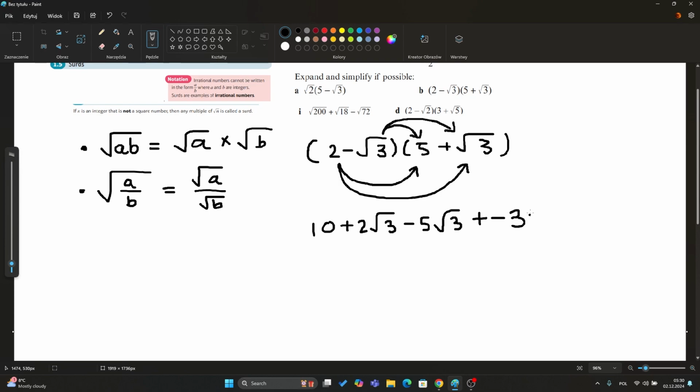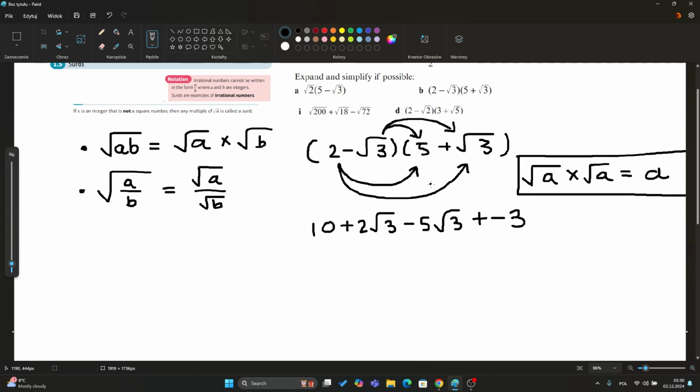And now we have discovered that if we have root a times root a, it equals a. This is another useful thing to know, because in the exam we can save time and effort by remembering this rule.